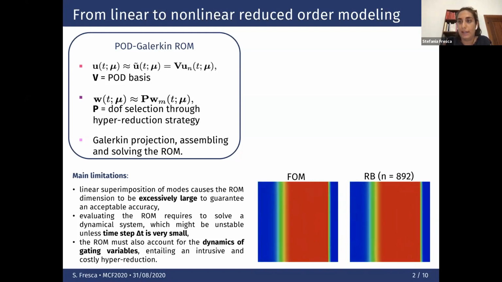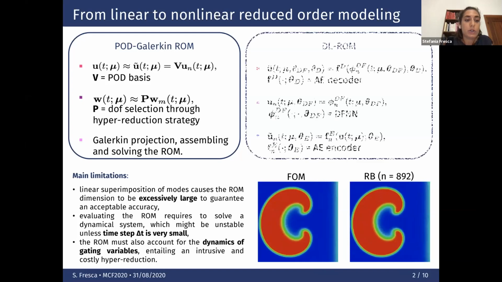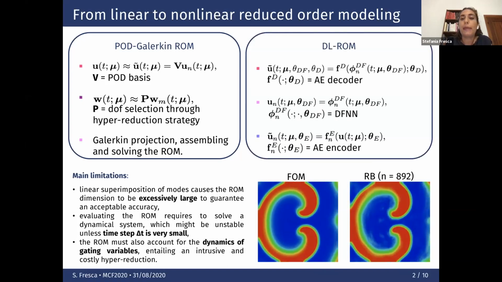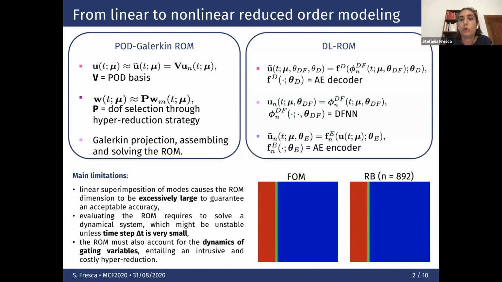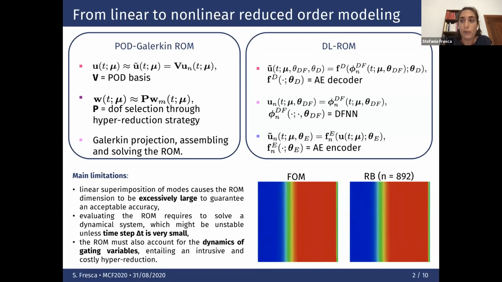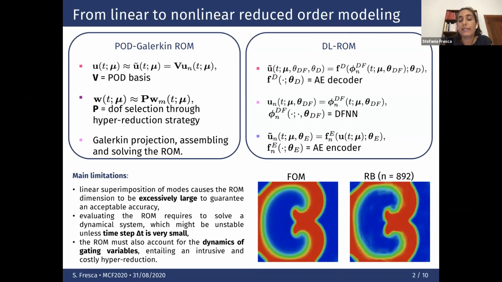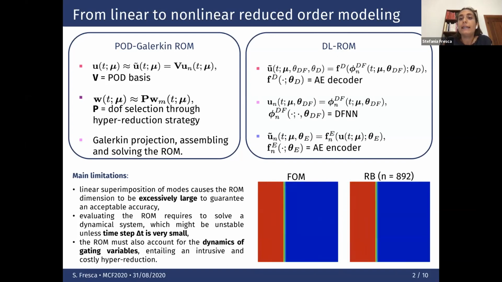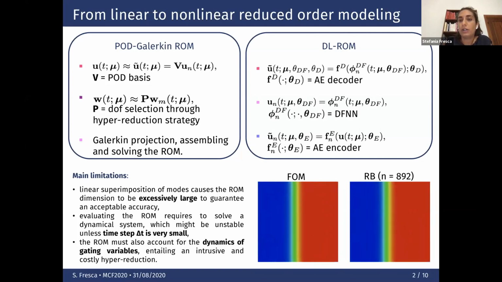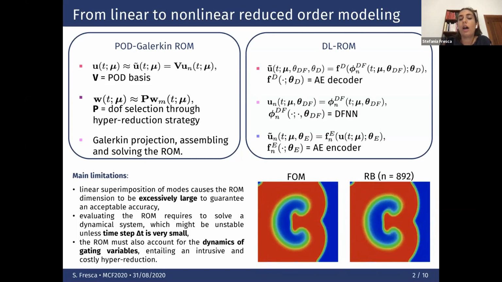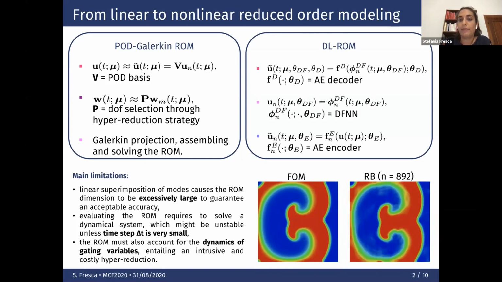in the transmembrane potential. In order to overcome these limitations, we build a deep learning-based reduced order model. In particular, it looks for an approximation defined in terms of a nonlinear function, which is the decoder function of a convolutional autoencoder.